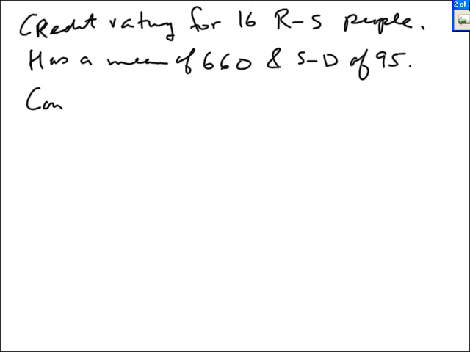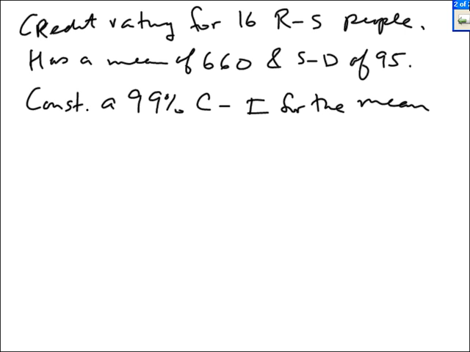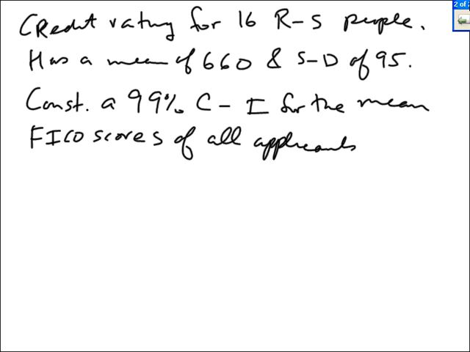And we want to construct a 99% confidence interval for the mean rating, or the mean FICO score, the credit rating scores of all applicants for credit.